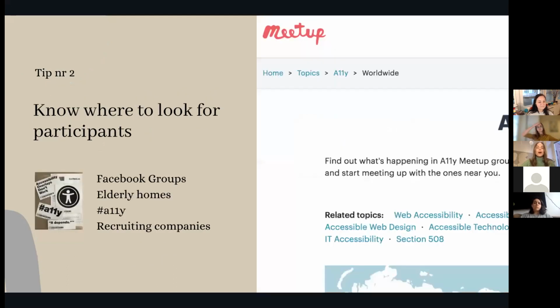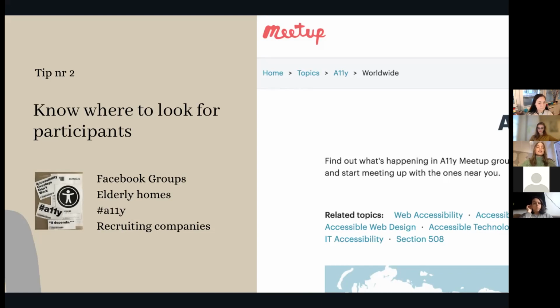Tip number 2 is to know where you can look for participants. People are actually very supportive when you say you want to improve the accessibility of your product. So go search for groups to collaborate with, Facebook groups. You maybe find an elderly center nearby, or a group with a specific disability.